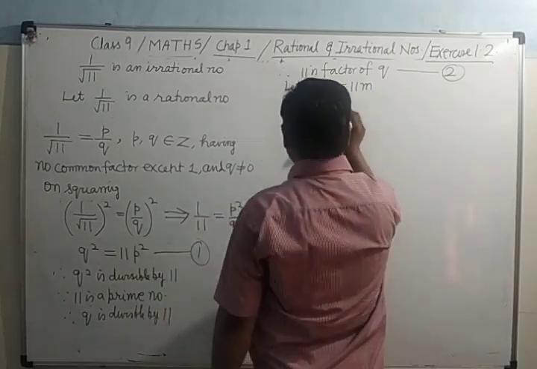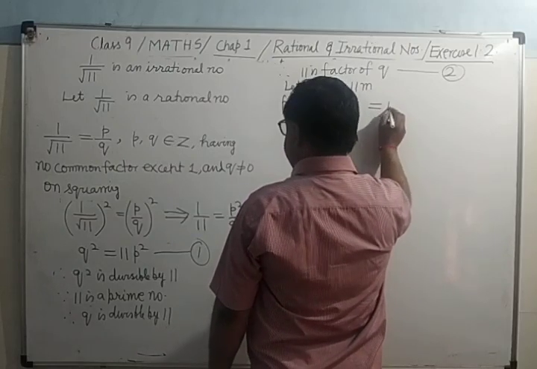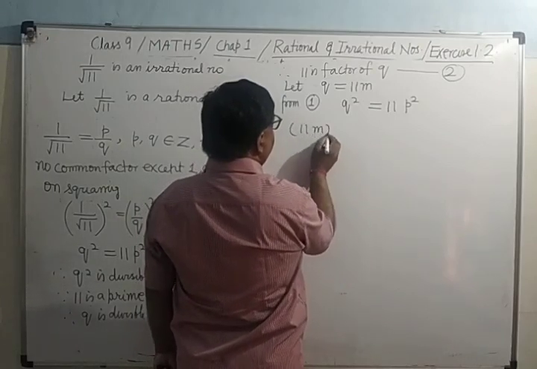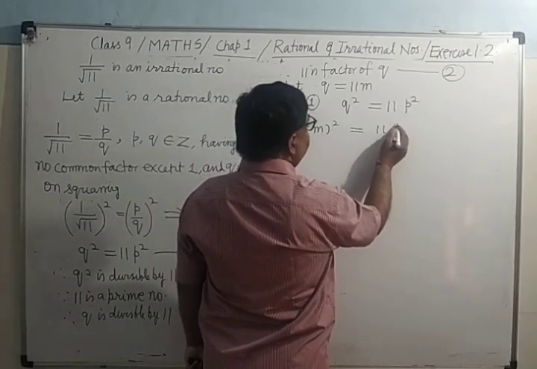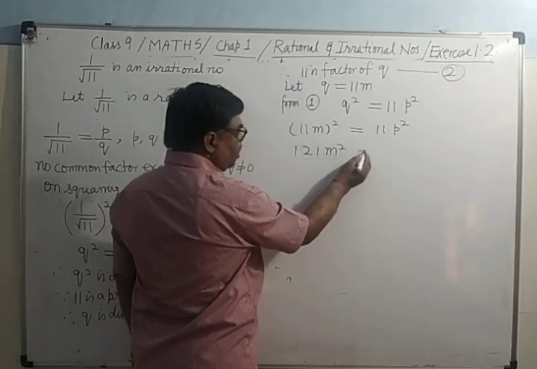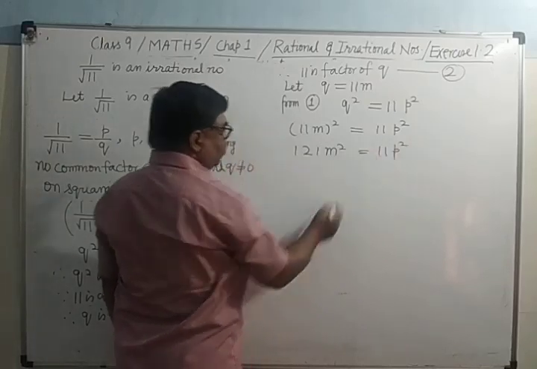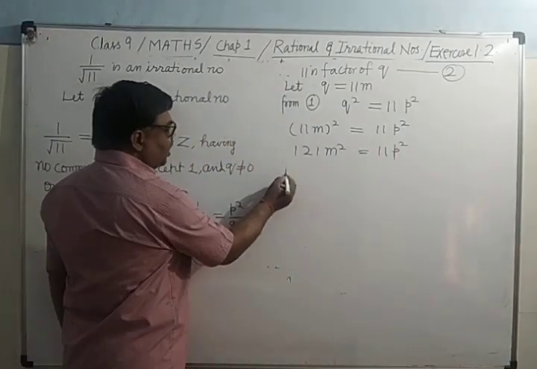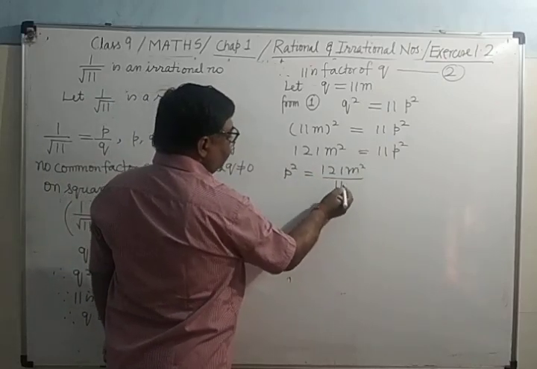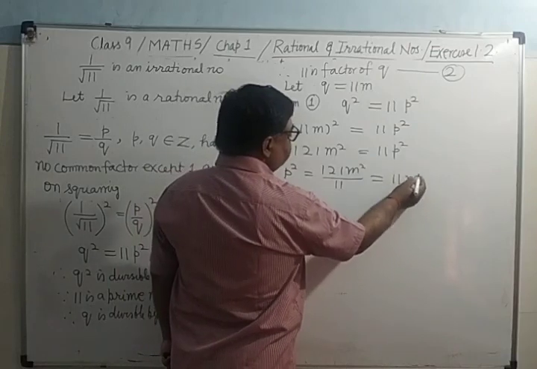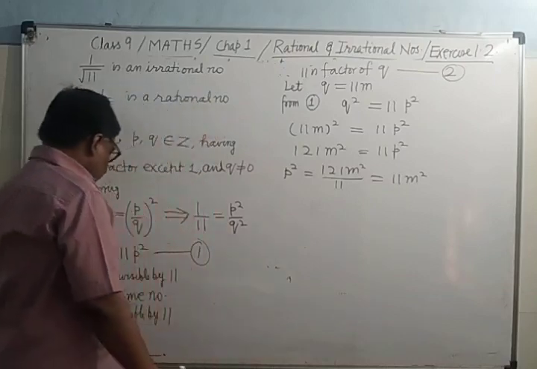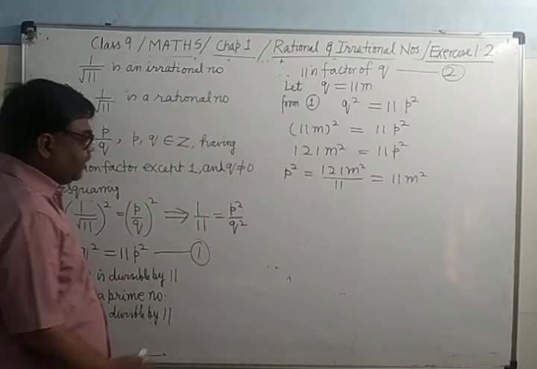What will you write? Here Q square equals 11 into P square. So in place of Q, (11M) whole square equals 11P square. So 121M square equals 11P square. So what will P square be? 121M square upon 11, that is 11M square. So once again, P square is divisible by 11, the same thing which we have applied here.